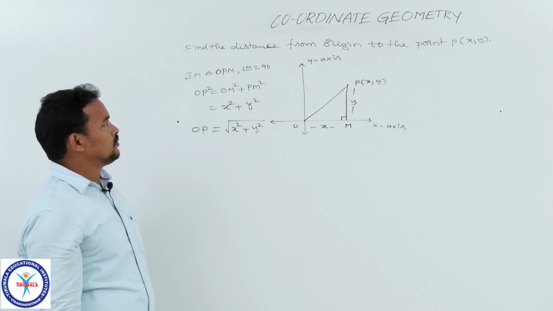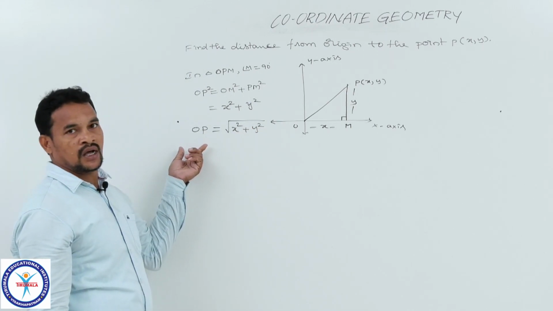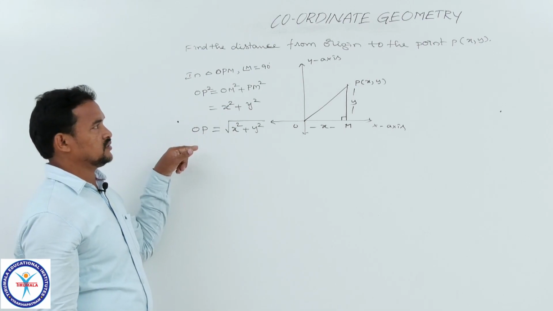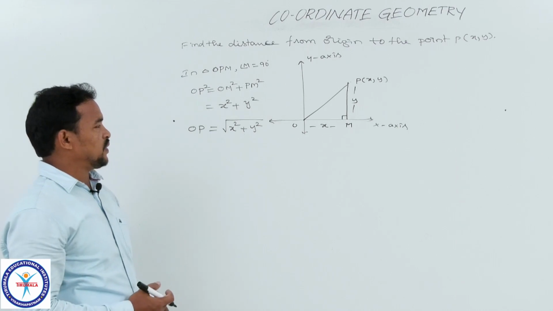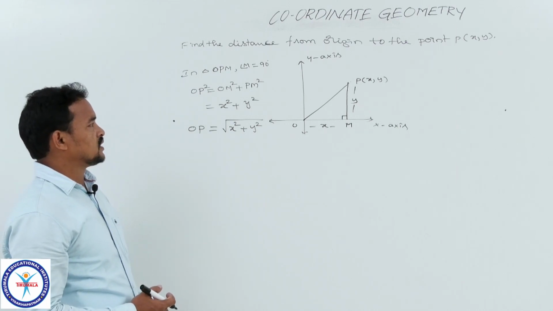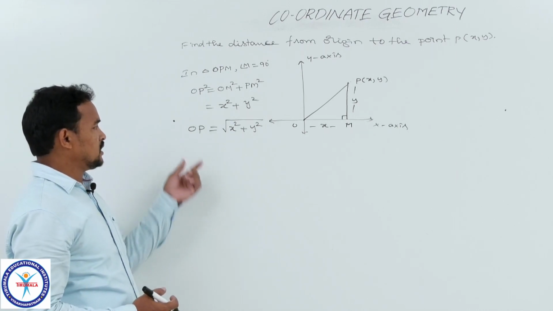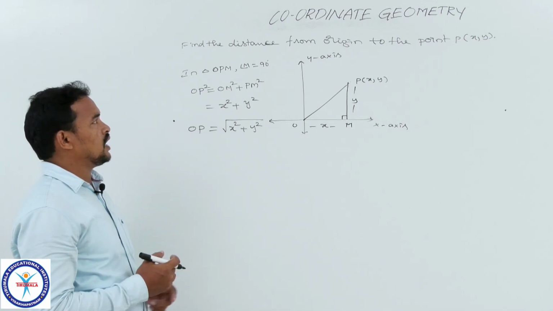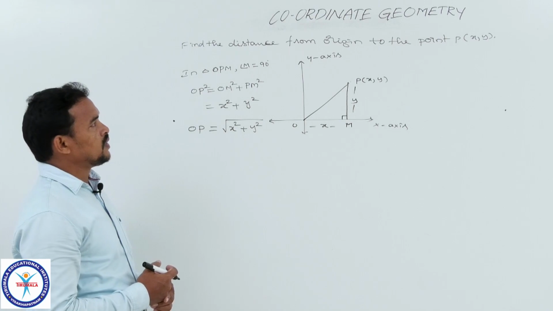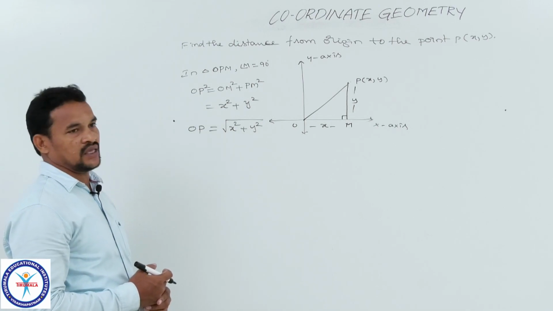It is the formula from any point to the origin. It is the formula for the distance from origin to the point P of x comma y.